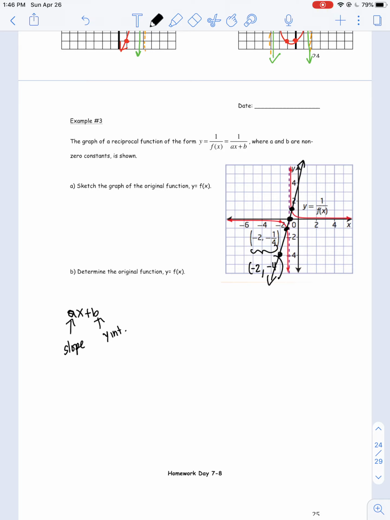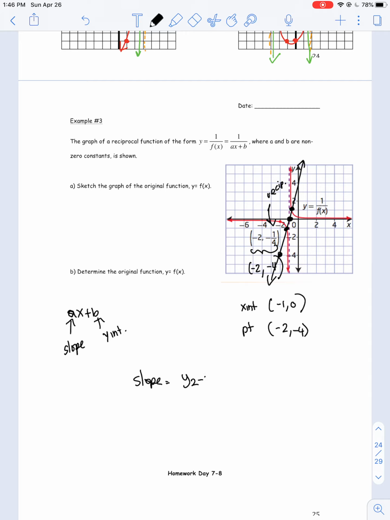We know that there are 2 points that are given. The x-intercept is -1 and 0. So that's your x-intercept. And they're also giving us another point. A point on the graph of the black line would be -2 and -4. So that's doing the reciprocal of the y-coordinate of this point.